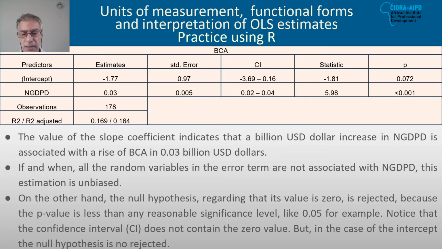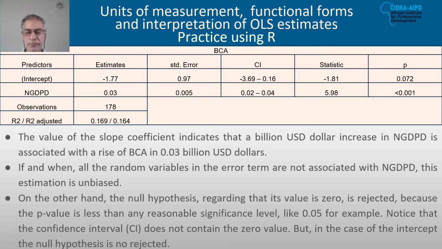Thus, we reject the null hypothesis that the estimate is 0 at a 0.05 significance level and an even more reduced significance level, attending to the value of the p-value, which is so low. We cannot do that for the intercept. There we cannot reject the null hypothesis that that value is statistically different from 0.